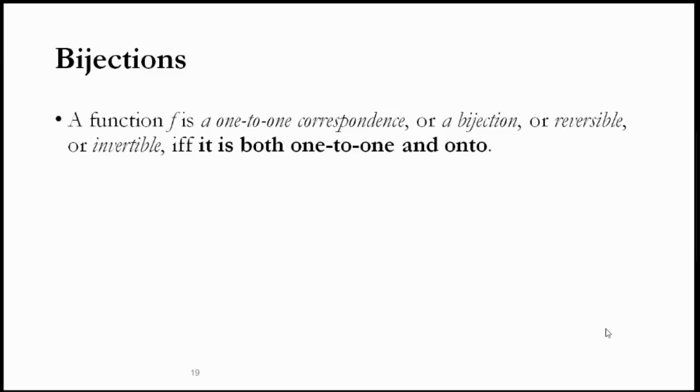So first we have seen the definition of function. Then we moved to looking at the function from the graphical point of view. Then the one-to-one function. Then surjective, or onto function. Then the bijections. A function is said to be a bijection, or reversible, or invertible, if and only if it is both onto and one-to-one. Clear?